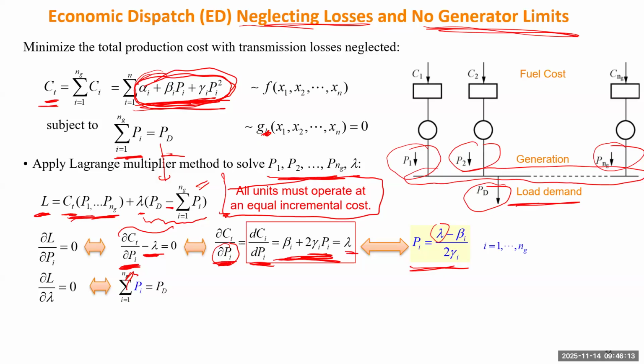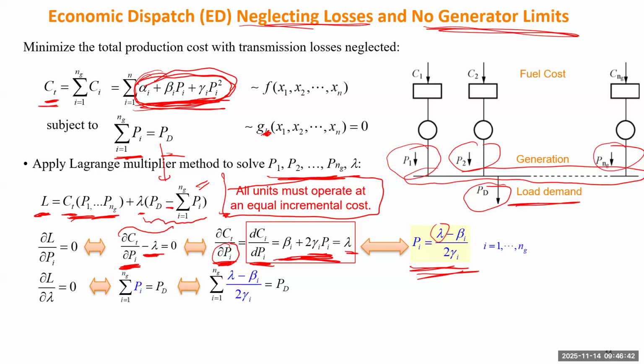From the second type of element in the gradient vector, which will simply just set the equality constraint. And since we already have a formula to calculate each Pi, which is a function of the equal incremental price or cost, we just go ahead and plug in that Pi.